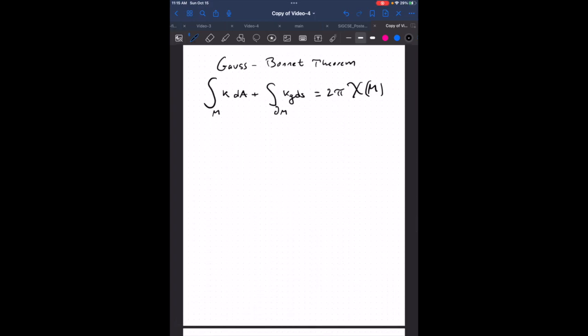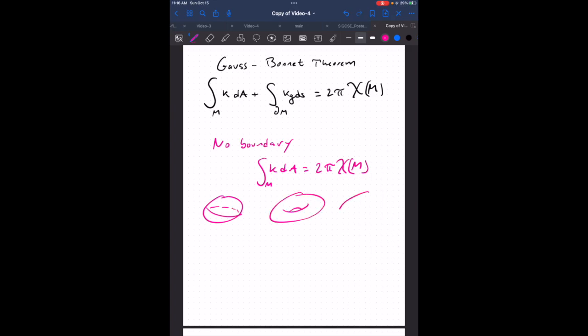So let's investigate what this is saying. Maybe even a nicer case with one less term is if we have no boundary. Then we just say, well, if we integrate our Gaussian curvature, we get 2 pi times the Euler characteristic. So that could be on the sphere, or maybe a torus, or a genus G surface.